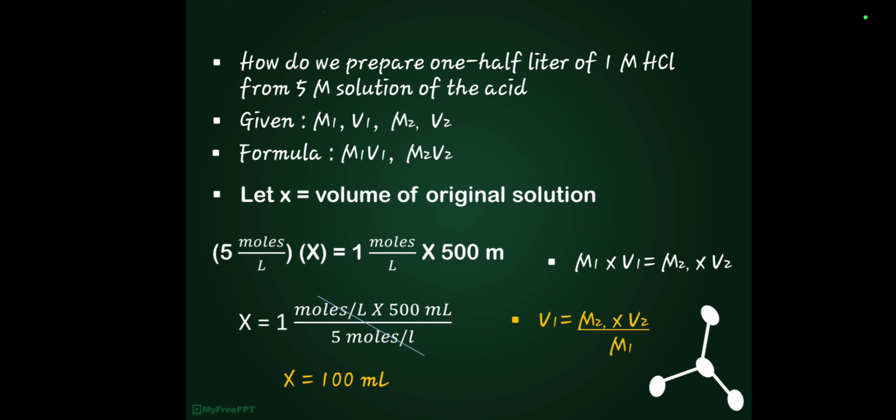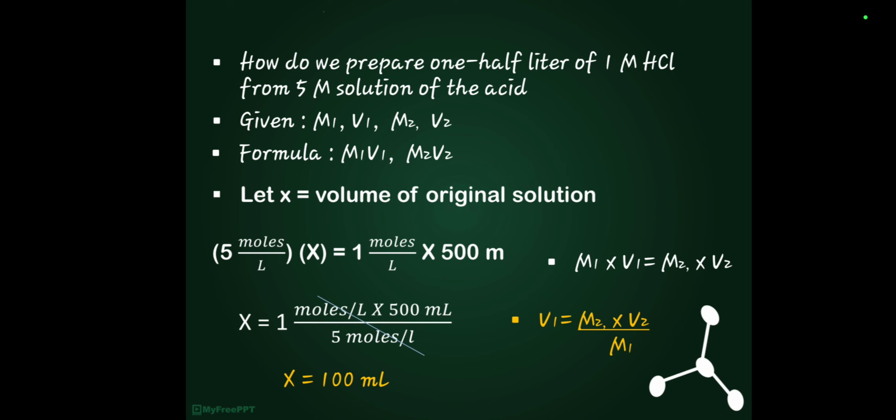So let's now go to the formula. The constant formula would be M1 V1 equals M2 V2. So let X be represented as the unknown, since our unknown will be the volume of the original solution. So let's go now to explain the concept. Here with the original, M1 multiplied by V1, the original formula.